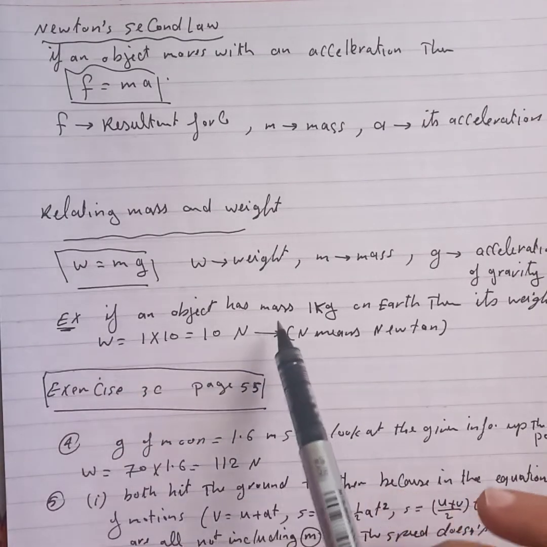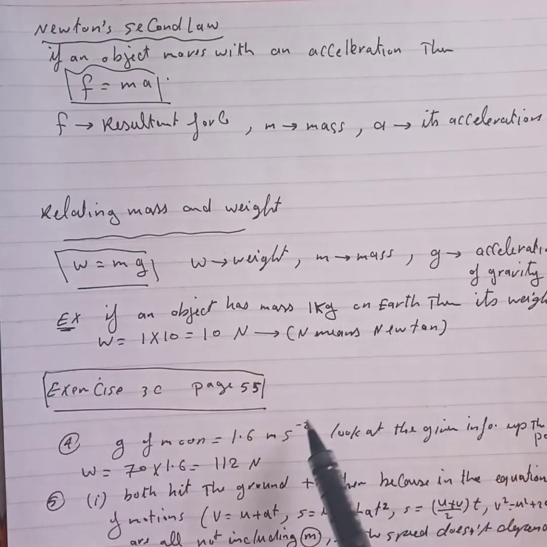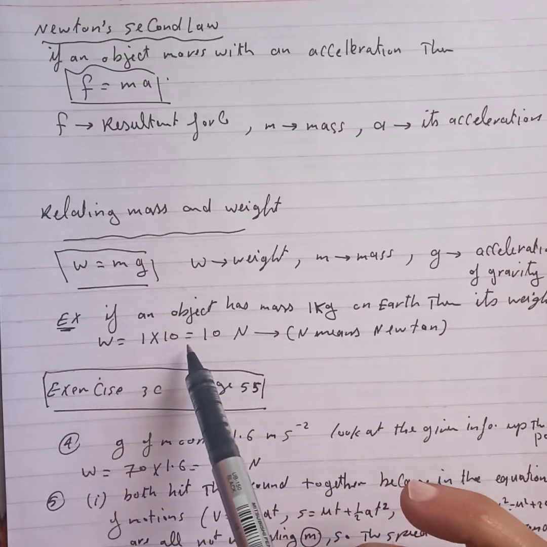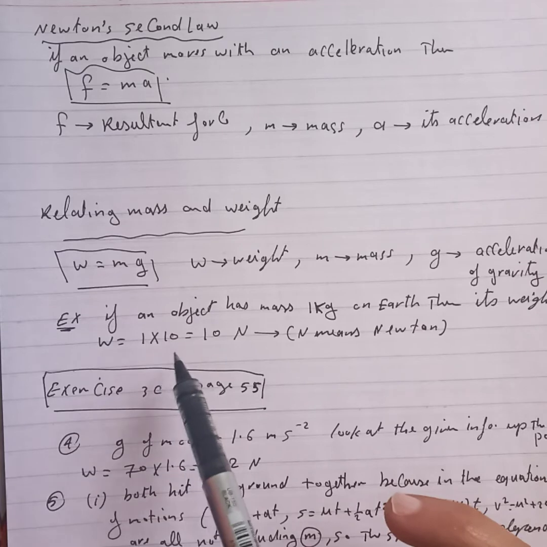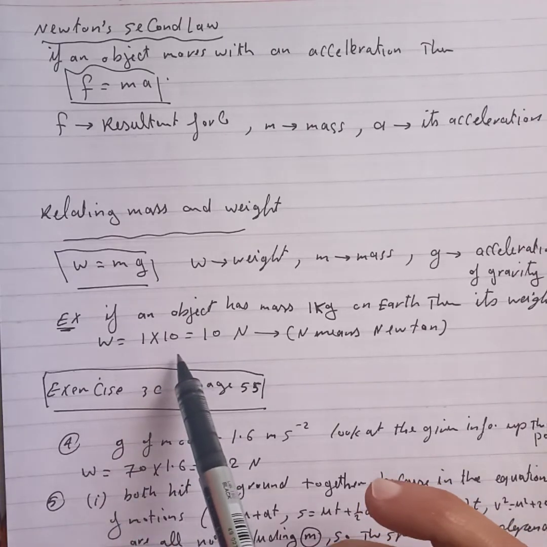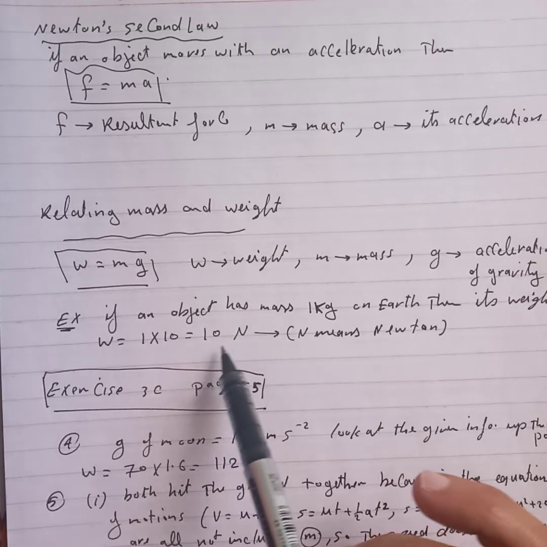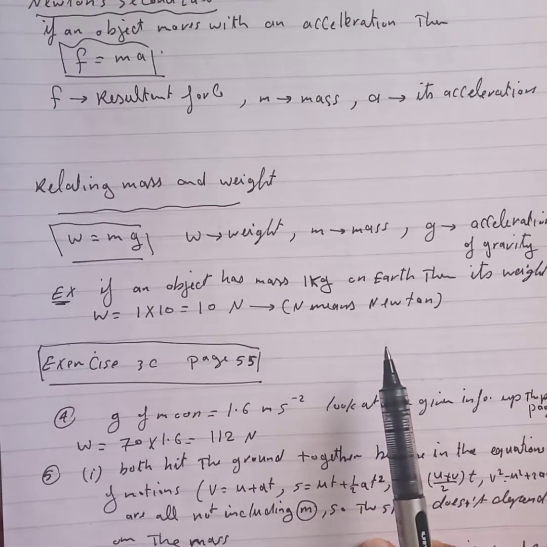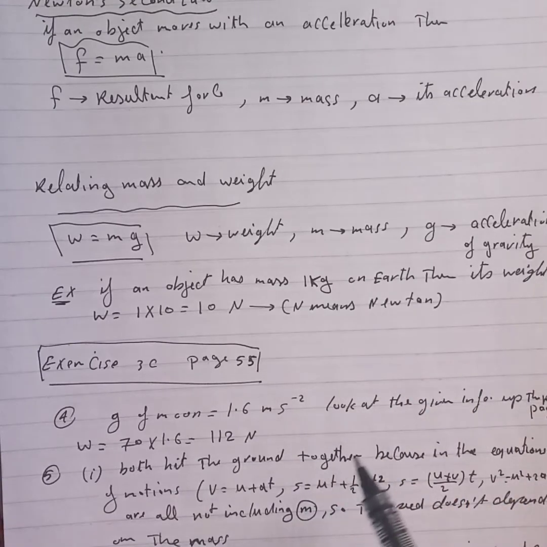For example, if an object has a mass of 1 kilogram on Earth, then its weight will be 1 times 10, because the acceleration of gravity on Earth is 10 meters per second squared. So its weight will be 10 newtons. N means newton, which is the unit of measurement of weight.